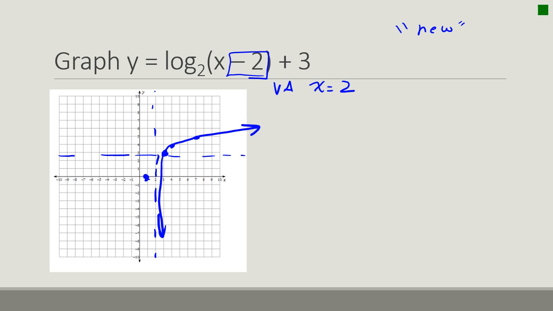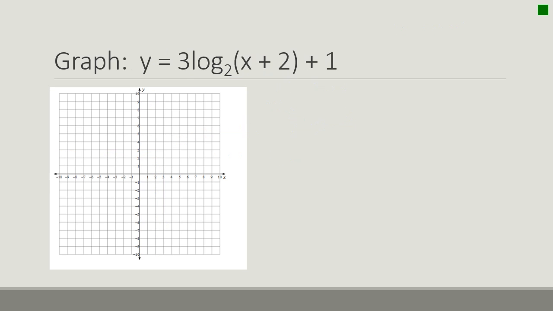And there is my log. Okay, in this case, my domain is going to go from 2 to infinity. My range is all real numbers. And then my vertical asymptote, we said, was x equals 2.